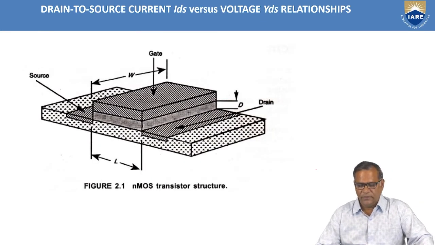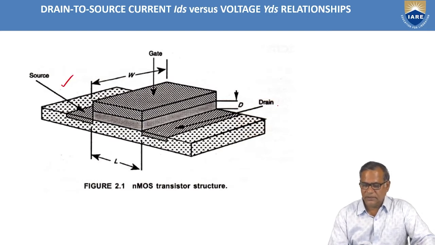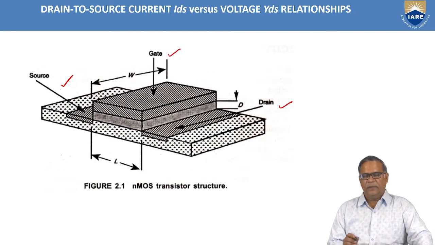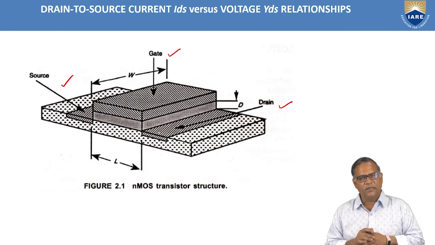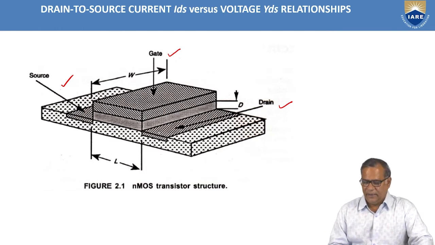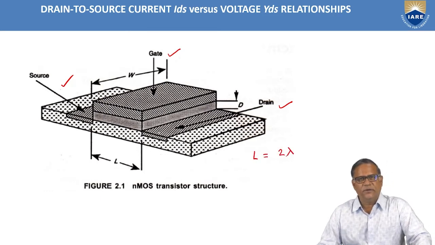Now this is the N MOS transistor structure, and this is the source terminal, and this is the drain terminal, and this is the gate terminal, and the distance between source and drain is called the length of the channel L. And L is related to lambda this way: L is equal to 2 lambda, and this lambda is not the lambda we study in optics. This is different.